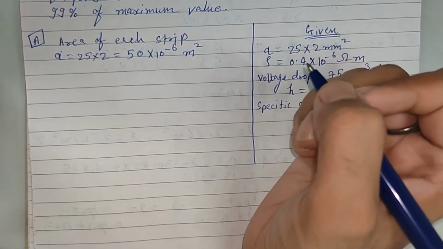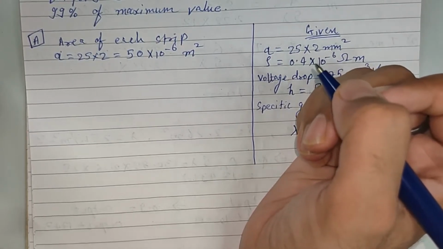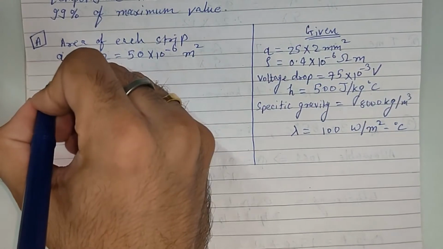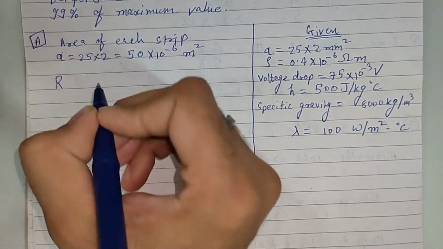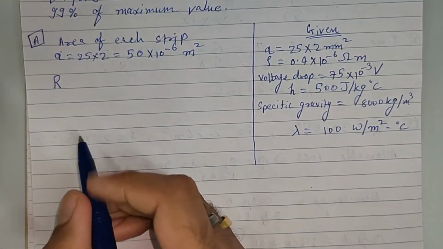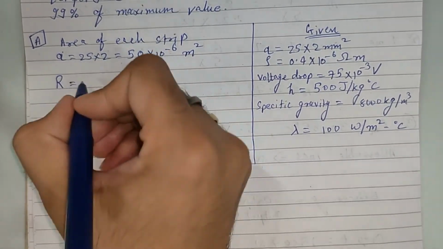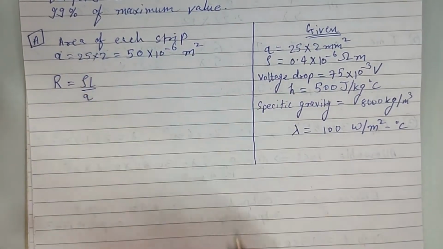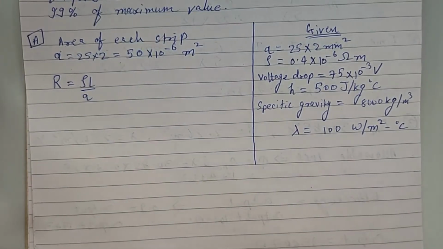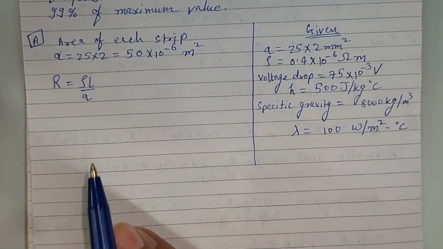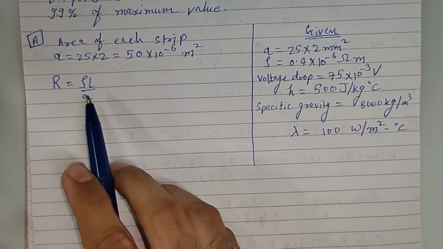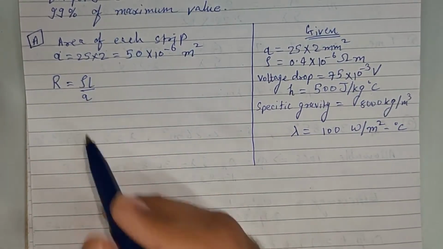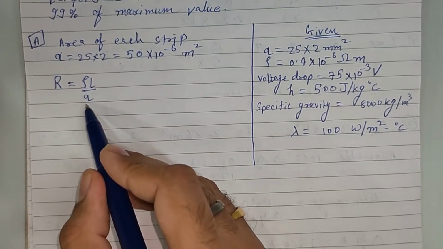Moving ahead, we need to find out the resistance of each strip. So the resistance, the symbol for resistance as we know is capital R. So resistance is equal to, as we know the formula, rho L upon A. Now since we do not know the length of the alloy strip, we'll let the length remain as small l itself. We know the resistivity, we know the cross section area.